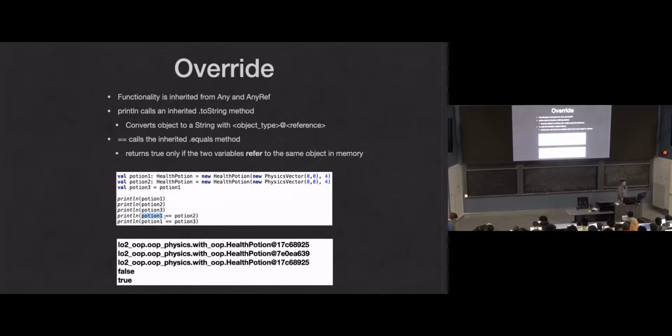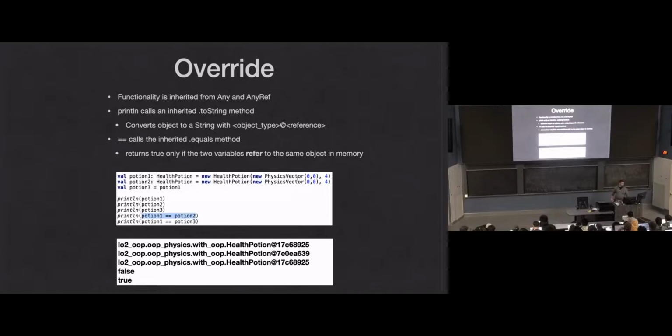So potion 1 equals potion 2 is saying, do these two references refer to the same object on the heap? And if we look at the code, we know that they don't. If we look at what's printed out, we know that they don't. They point to two different locations in memory. So this would be false. They don't refer to the same object.